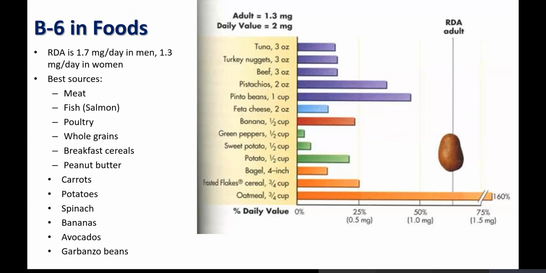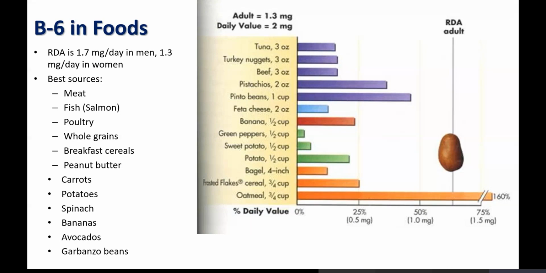Its recommended daily allowance for men is 1.7 milligram per day, whereas for women it is 1.3 milligram per day. So what are the best sources of vitamin B6, which foods are rich in vitamin B6?